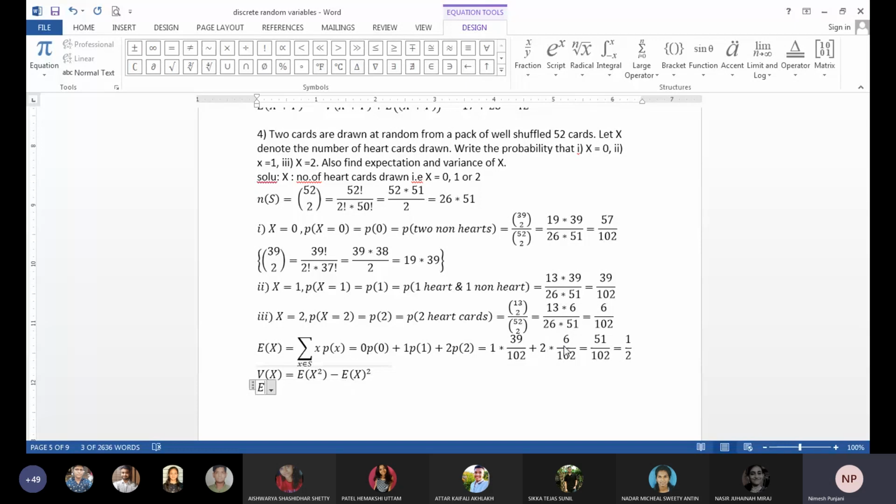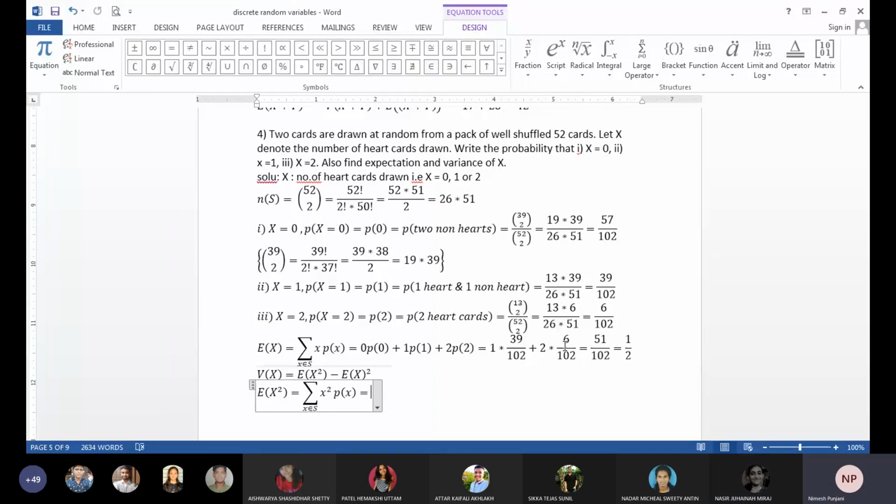So first thing is we have to calculate e of x square. So what is e of x square? Summation of x square px, where x belongs to s. This is the formula of expected value of x square.